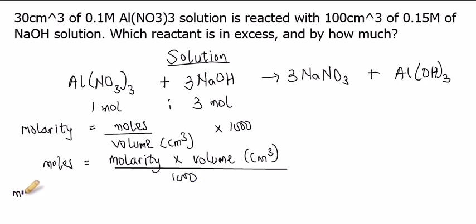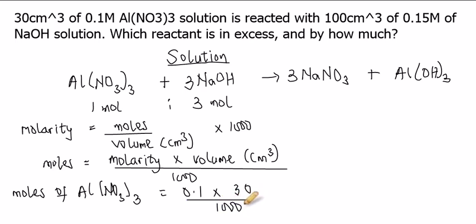So moles of aluminium nitrate equals the molarity, which is 0.1, multiplied by the volume, 30 cm³, divided by 1000, and this gives 0.003 moles. So we've gotten 0.003 moles.